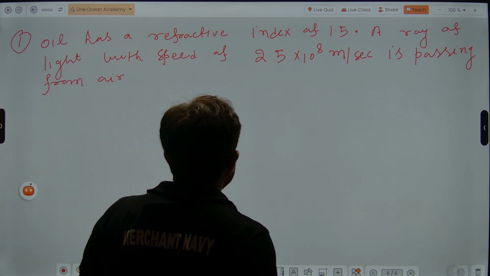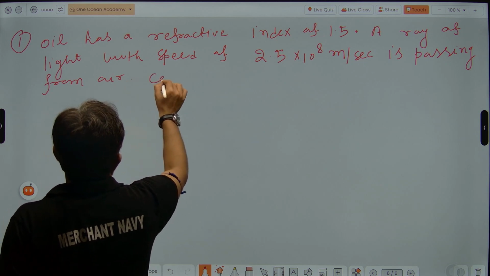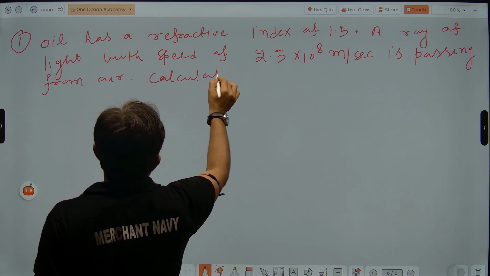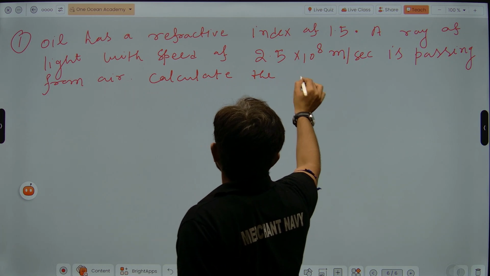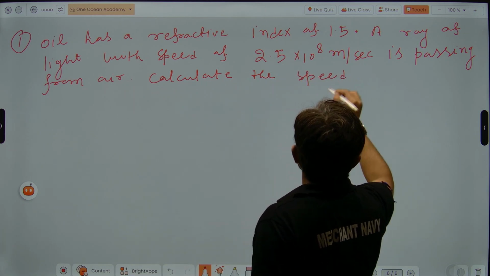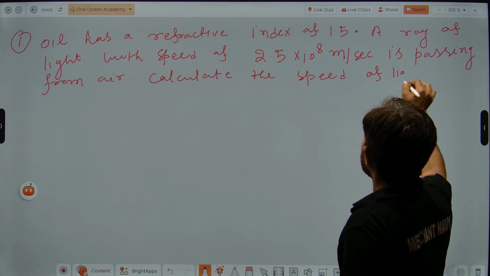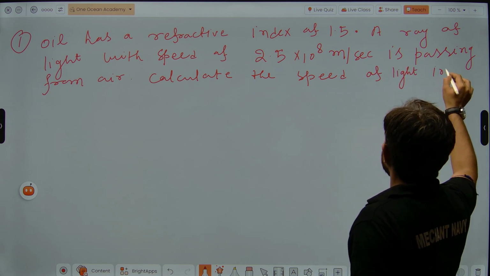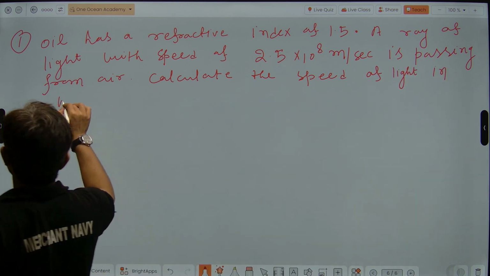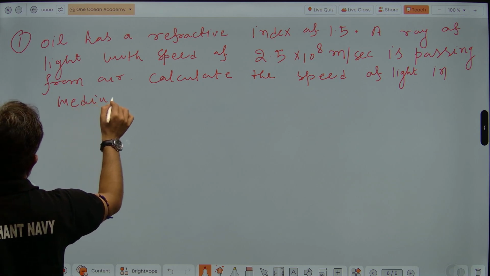Calculate the speed of light in the medium. So, similarly you can do this question also.